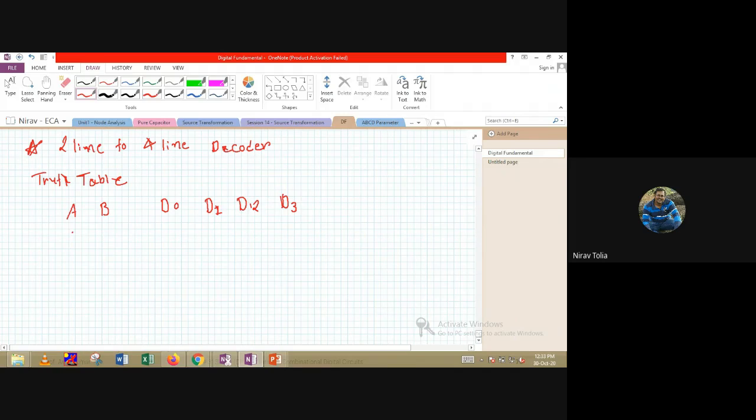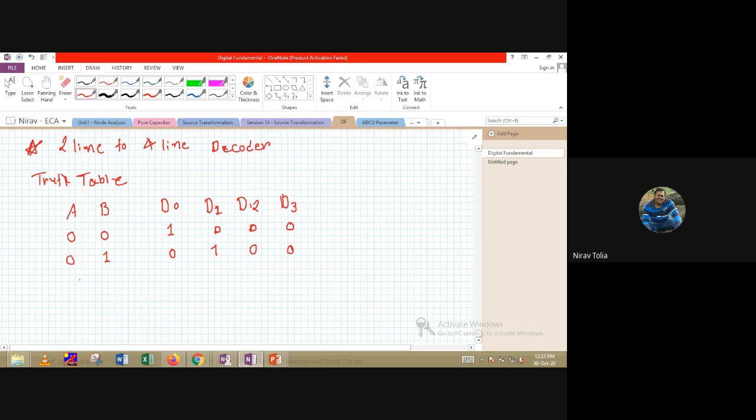So when my input is 0 0, only D0 will be activated, all others are remaining 0. When my input is 0 1, only D1 is activated, all others are remaining 0.